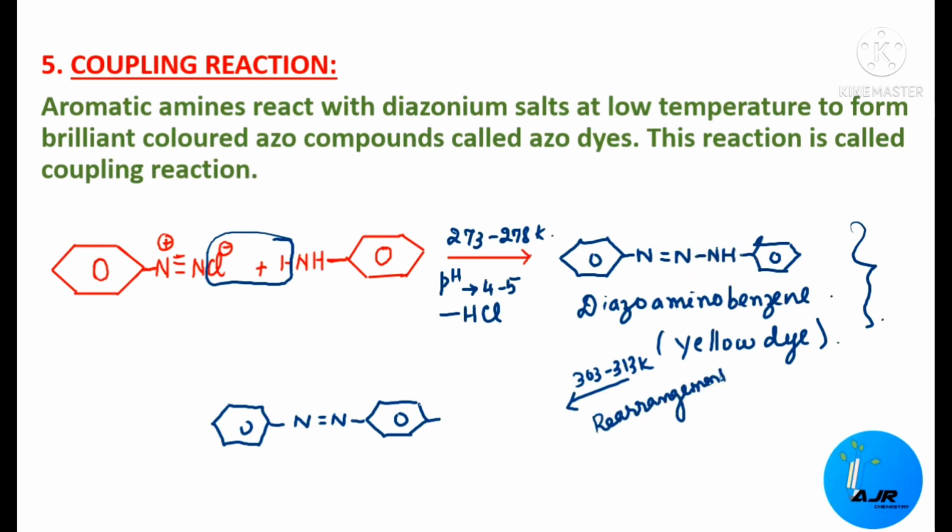This NH will go to this position. Already there will be one hydrogen here, so this NH combines with this hydrogen and it forms NH2.